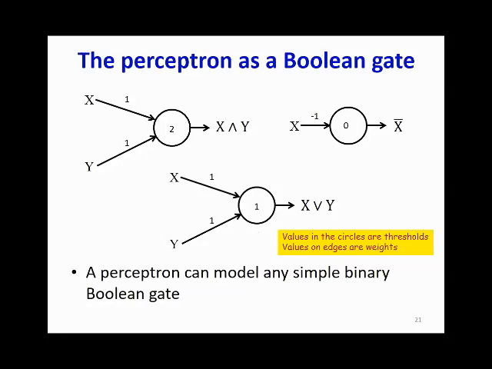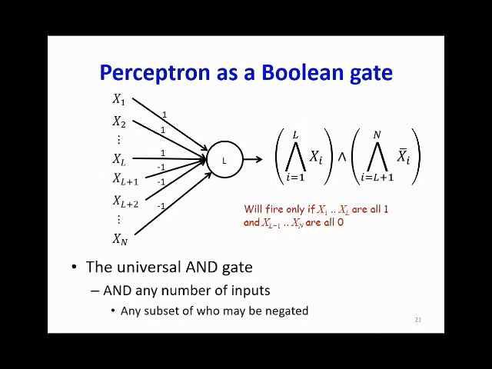But perceptrons can do a lot more than these very simple gates. This perceptron to the left is in fact what I call a universal AND gate. It's a perceptron over n inputs. And this particular perceptron will only fire if the first L inputs are all 1 and the remaining inputs are all 0. Any other combination of inputs will not result in a firing. Let's see why.